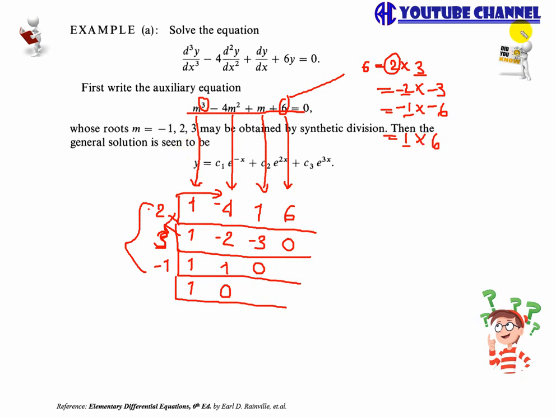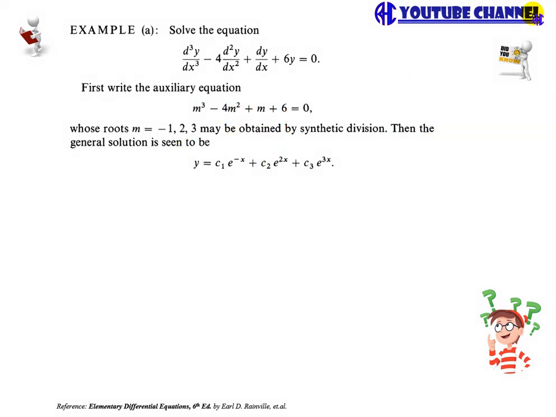So as you can see, the roots are negative 1, 2, and 3. We can now write this as the general solution in this form.